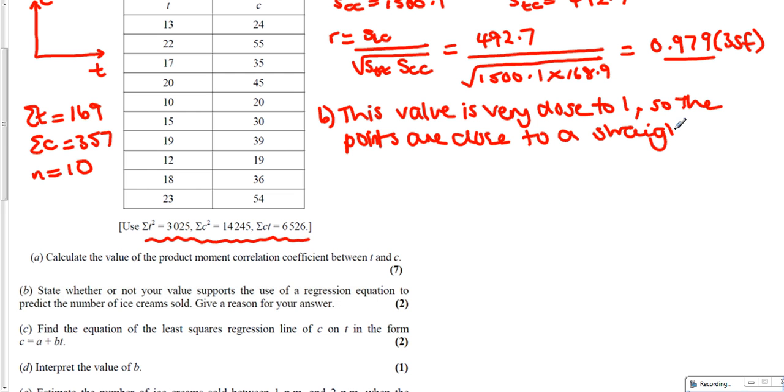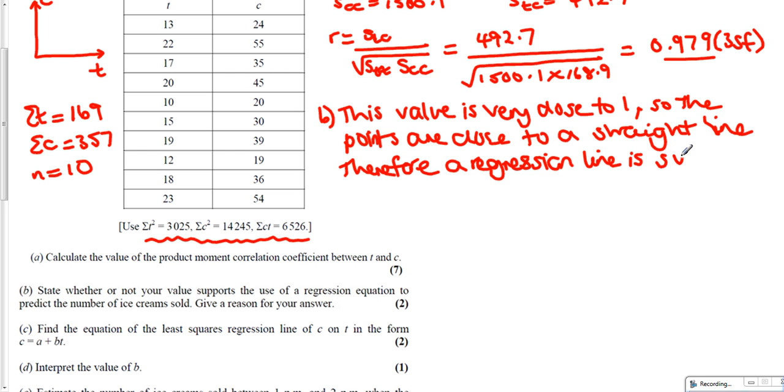What does that mean? Well, if your points are fairly close to a straight line, then predictions are going to be accurate from a regression line. If your points are all over the place, there's no point doing a regression line because it's not going to make very accurate predictions. So therefore, a regression line is suitable. You would only use a regression line if the points were fairly close to a straight line, because that's how you get accurate predictions.